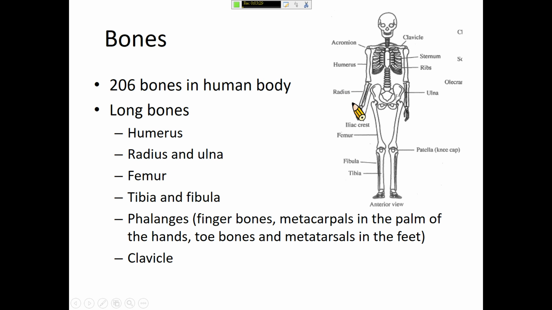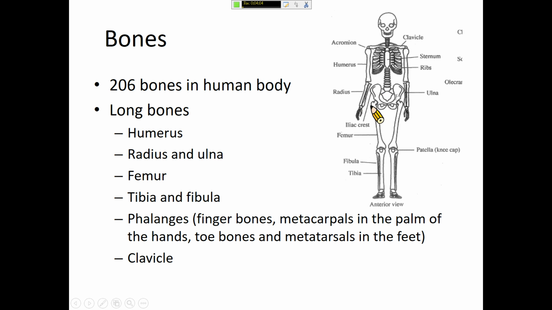There are two bones within your forearm. This is upper arm, this is forearm. Radius is a little bit larger, and there is another one here, a little bit smaller, which is ulna. So there are two long bones here.